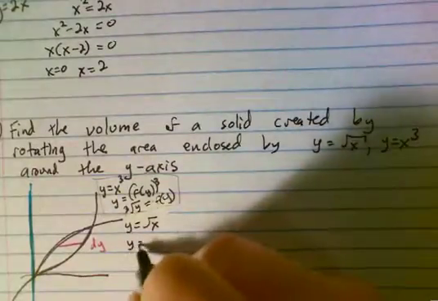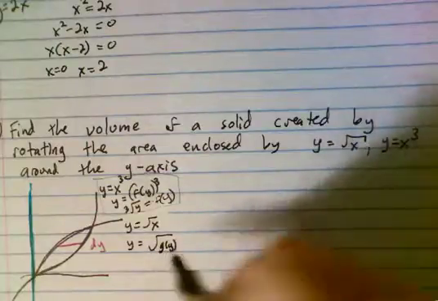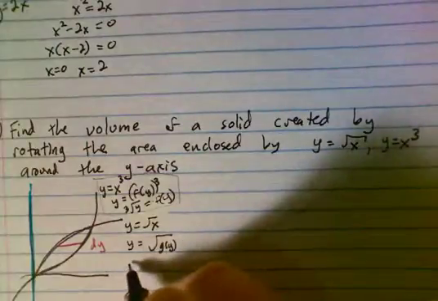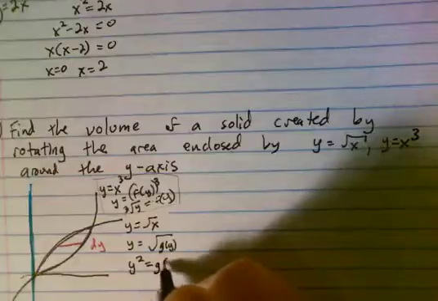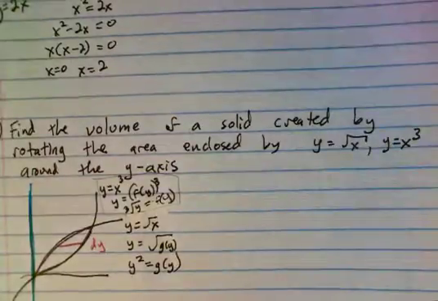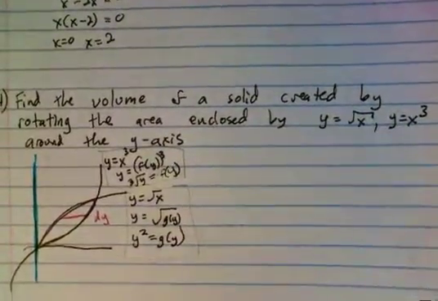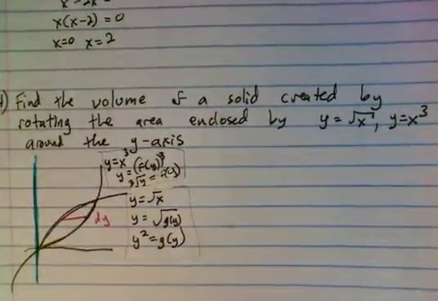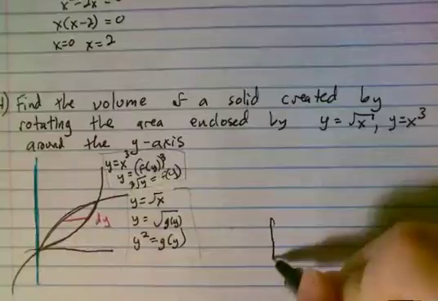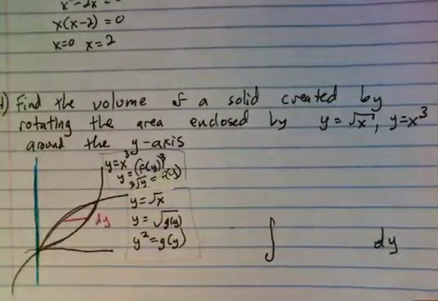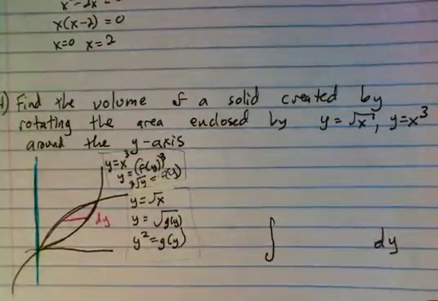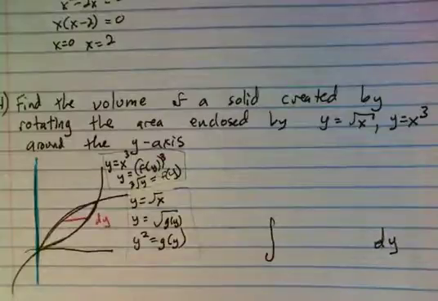And then let's let this one be g of y, square both sides. I'm going to box this again so we have that all together. And I can start setting this up. This is a dy function, so that means I'm going to need y's for my bounds.